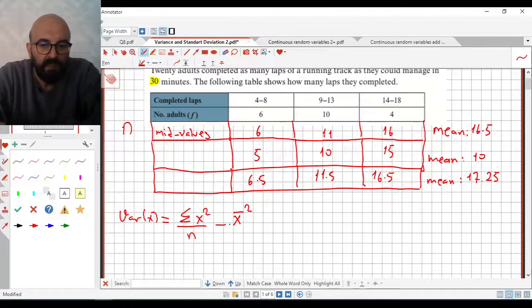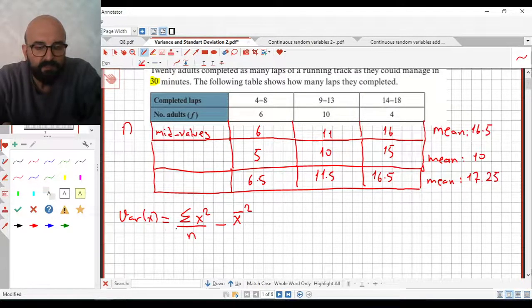And for the variance, we have grouped data, so we should use the frequency. So we should use the sum of frequency, and the mean using the frequency.